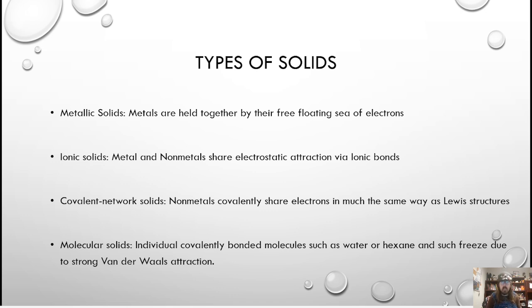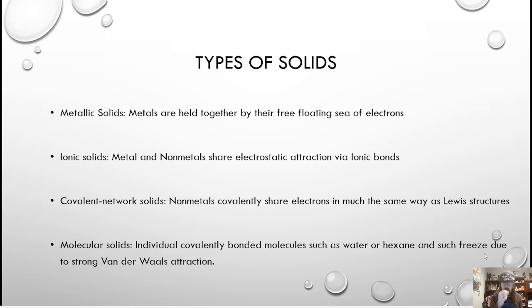We have metallic solids. Essentially, how do metals form a solid? How do metals interact? How do they form interactions and why does it give them these properties? So we'll talk about metallic bonding, which is our free-floating sea of electrons. We have ionic solids, which are metals plus nonmetals held together via ionic bonds.